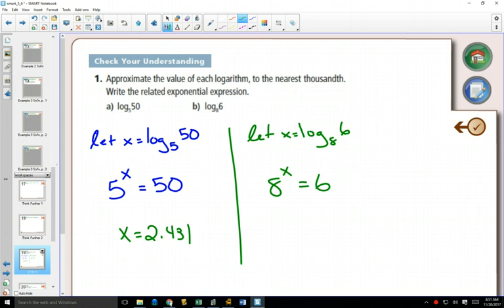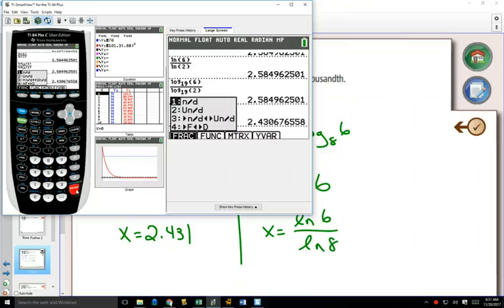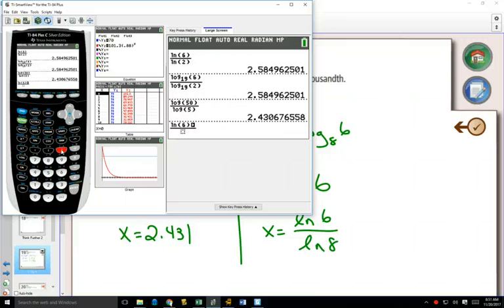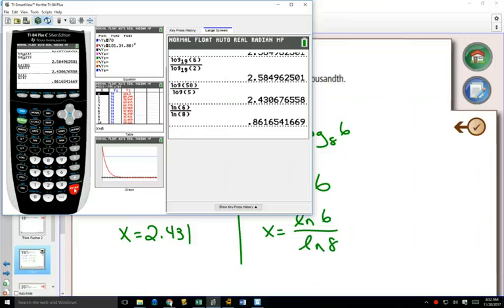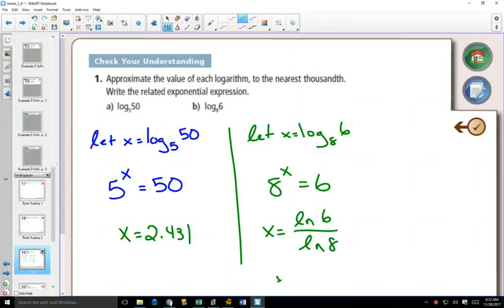And so if we check this out on our calculator, this time I'm going to use the natural log. Natural log of 6 divided by natural log of 8. 0.862. You should practice doing approximation symbols as much as possible.